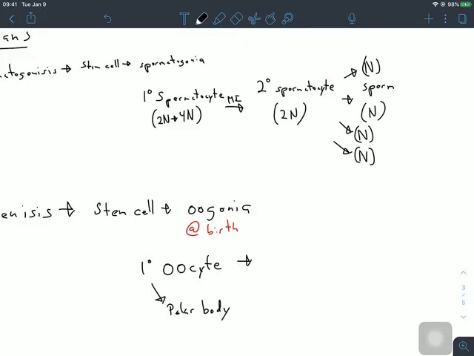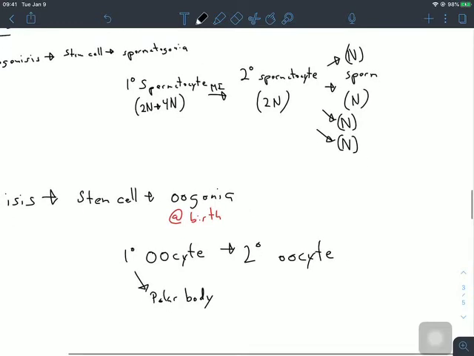This then leads to a secondary oocyte. And this secondary oocyte will stop at metaphase 2 in order for the egg to reach a stasis point.